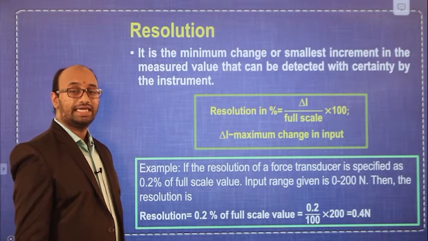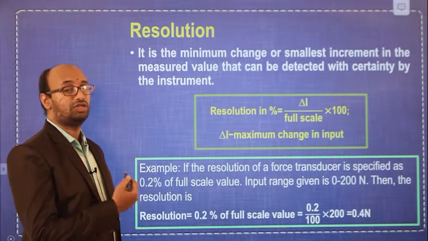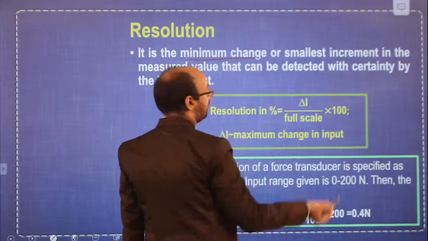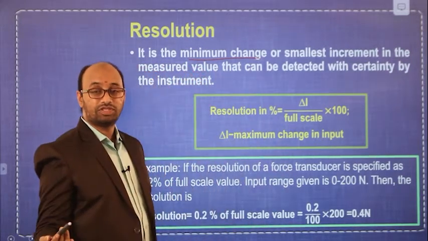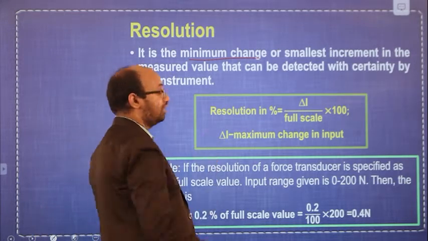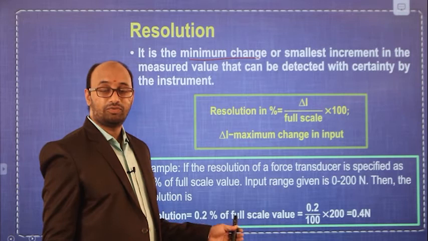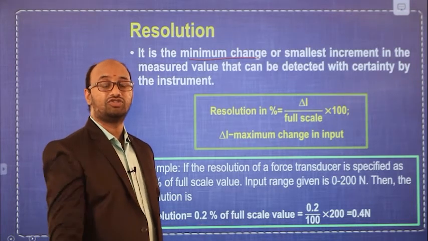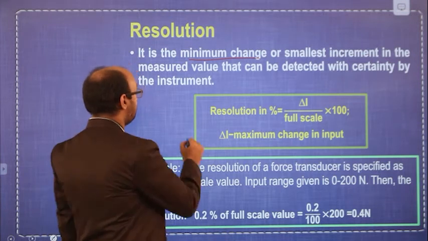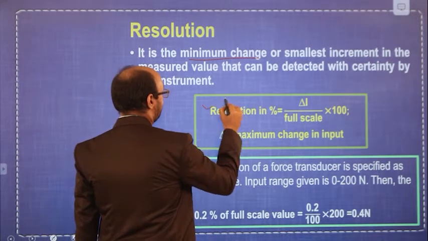Next important static characteristic is the resolution of an instrument. It is defined as the minimum change in the input or smallest possible increment in the input for which there is output, called resolution. Smallest possible change in the input that can be detected by the instrument with certainty is called resolution, and this resolution is specified in percentage.